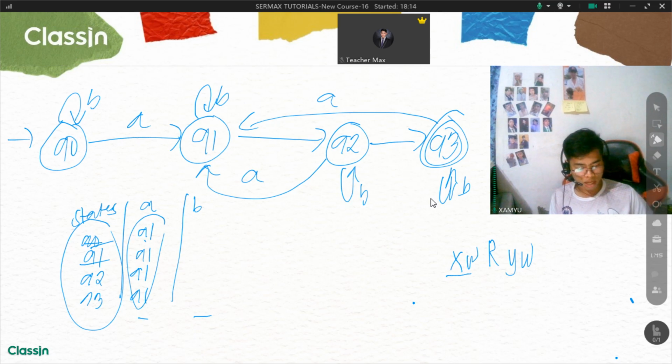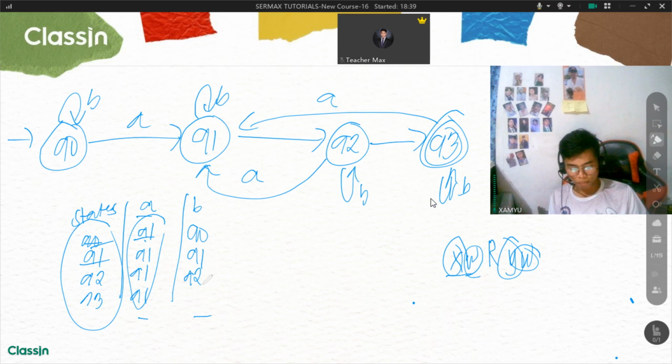So this is the state, and this is the string, and this is the string. So these are the strings that we have, the strings A and B. Now, from Q0, the B goes to Q0, and Q1 with input B goes to Q1. Q2 with input B goes to Q2.